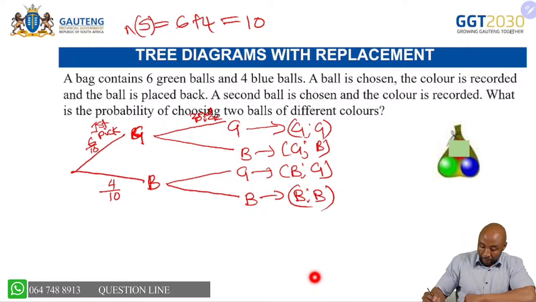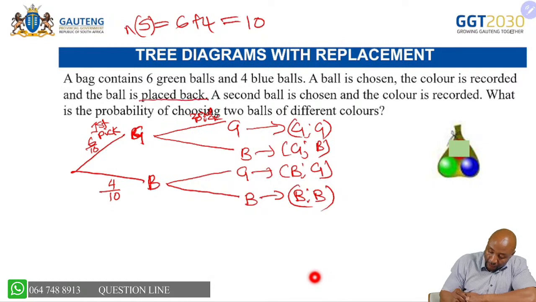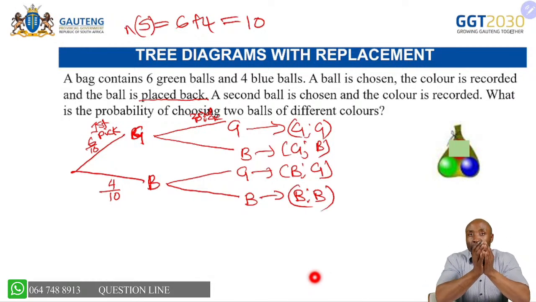Now, but we haven't represented our probability outcomes per branch, so we need to go back. You are told that it's recorded and it is placed back. So it means you pick, you record color, you throw it back into the bag, meaning when I pick the second ball, I'm still picking from those 10. So my sample space won't change.